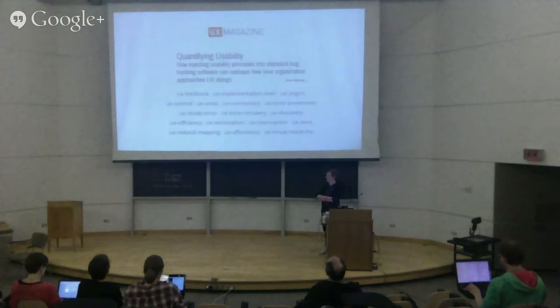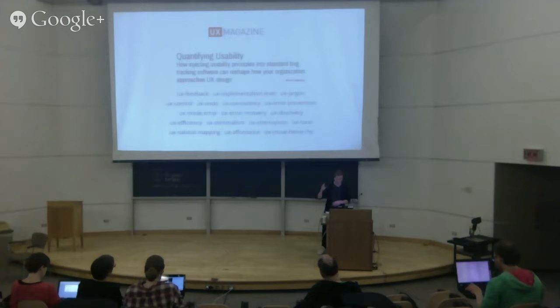And another example is an article by Alex Faber of the Firefox Design Team on quantifying usability and basically on inserting tags into the issue tracker to make UX or design a more prominent topic also in the issue tracker for developers. So kind of like the design tag before, also in the ownCloud issue tracker.